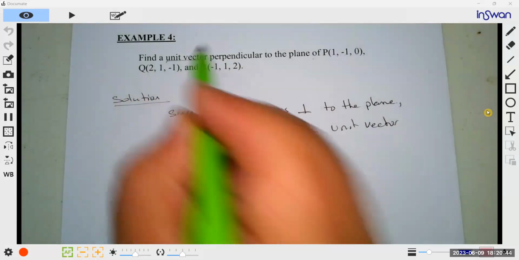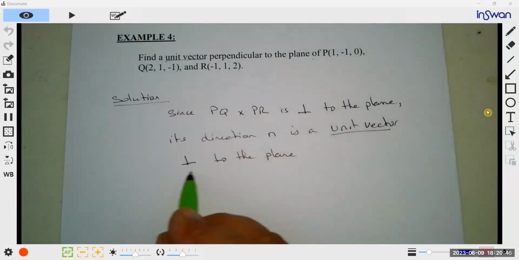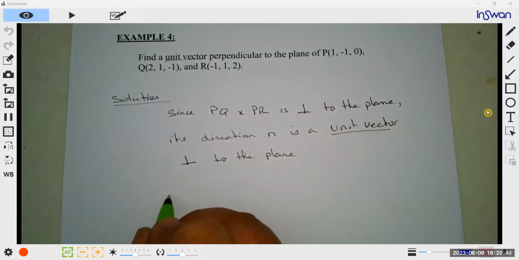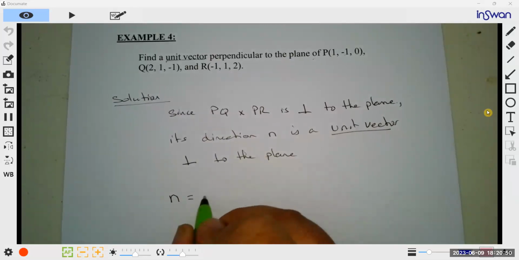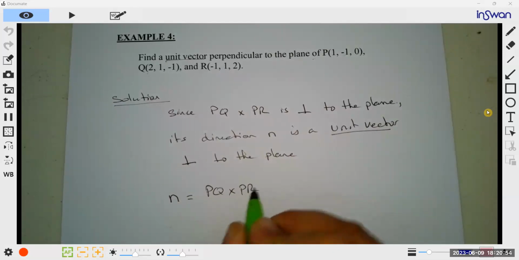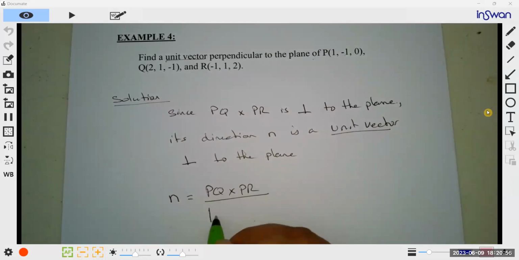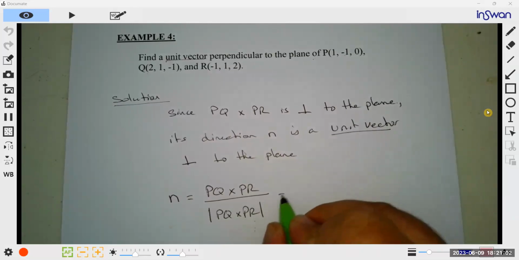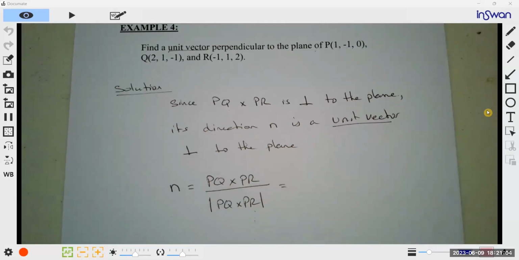So we have to find the unit vector. The unit vector is perpendicular to the plane, which means n is equal to PQ cross PR over the magnitude of PQ cross PR. So the first thing we have to do is find PQ and PR.